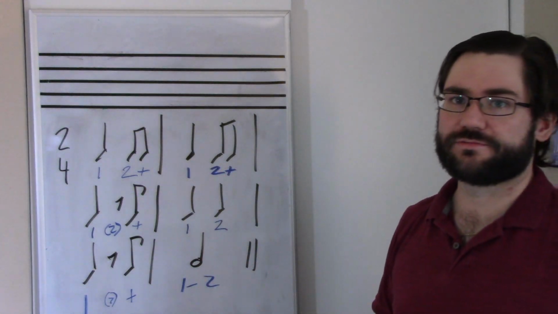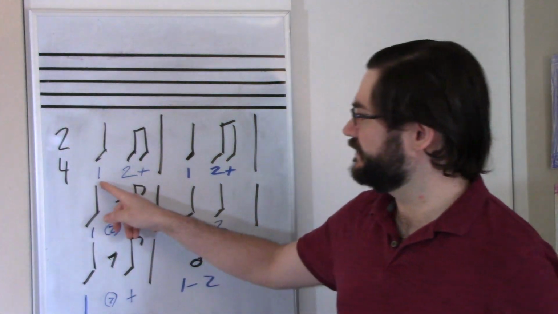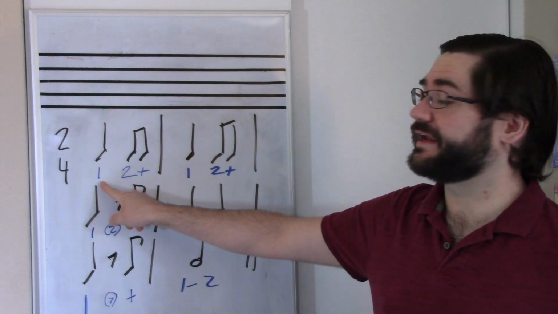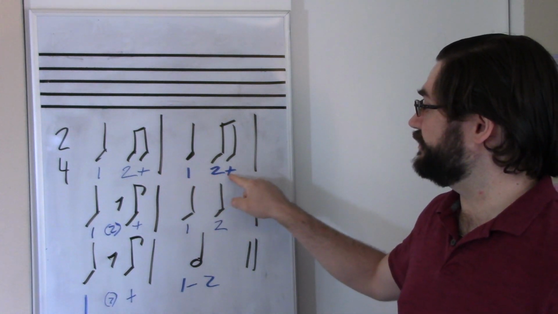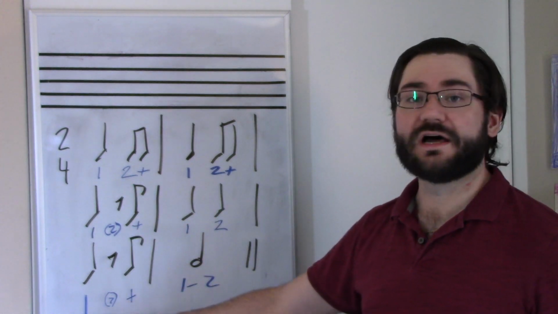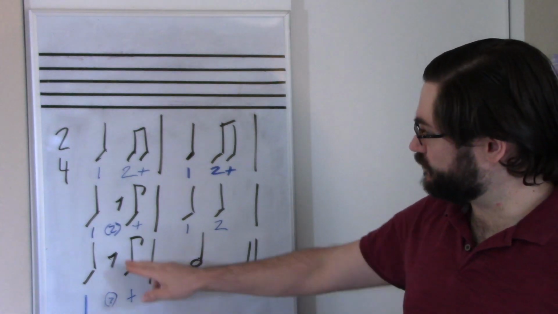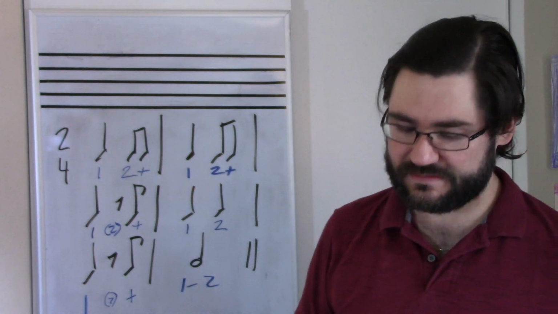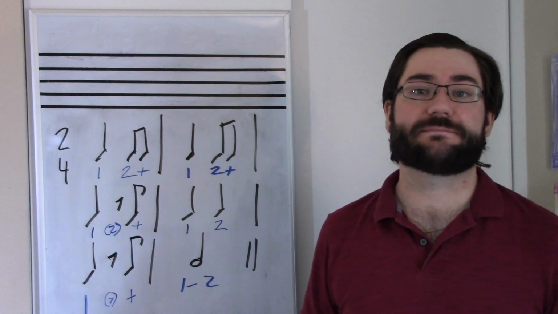So let's count through this. Here we go. 1, 2, ready, and 1, 2, and 1, 2, and 1, and 1, 2, 1, and 1-2. So again, we're silent on the eighth rest. Now let's try clapping this.